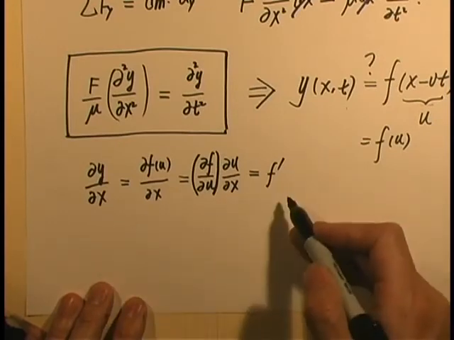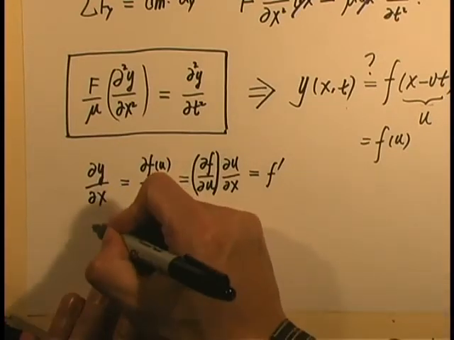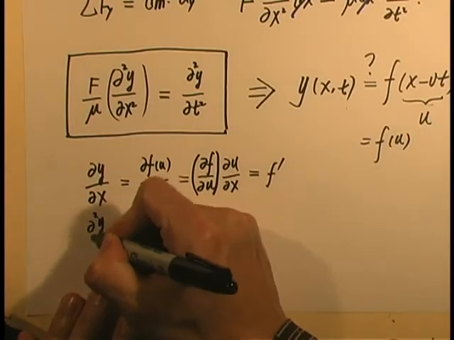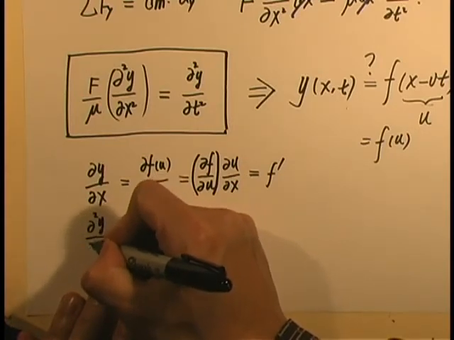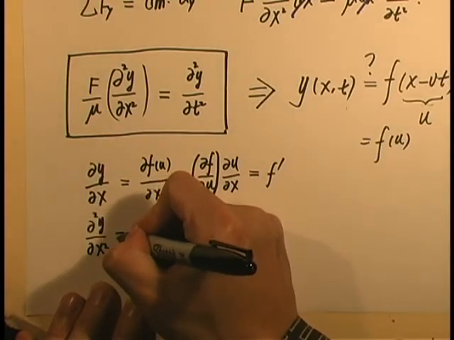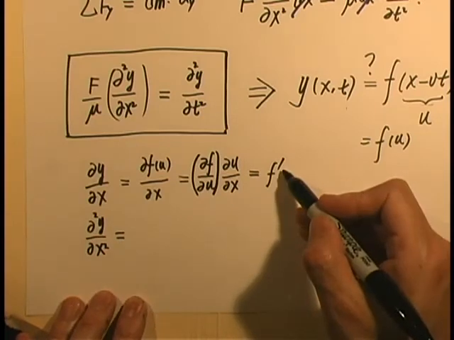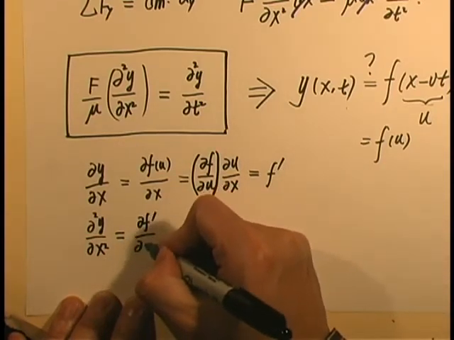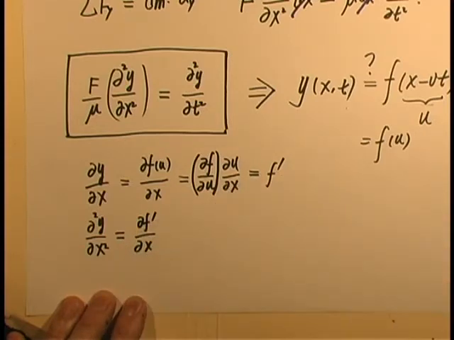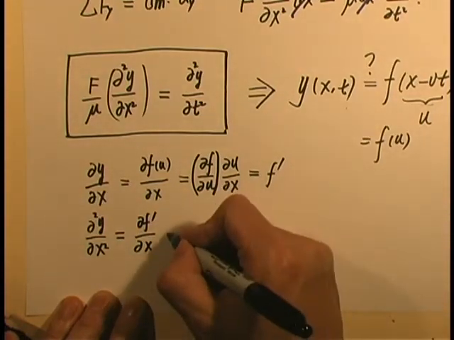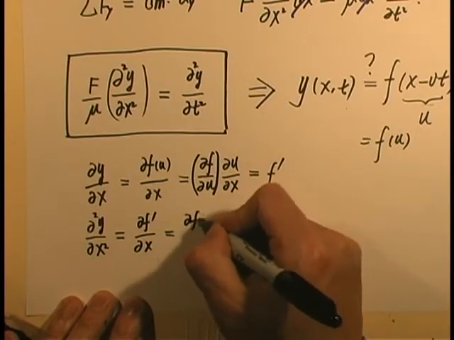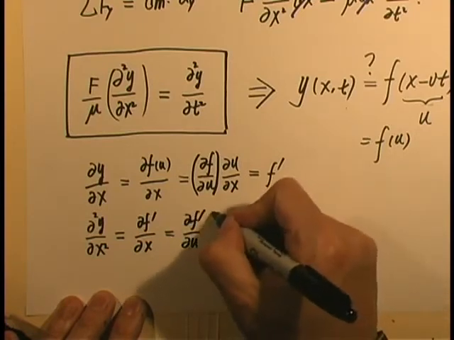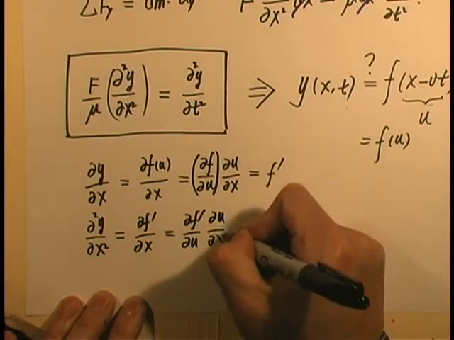Now let's do the second derivative. We do one more derivative with respect to x. What we have to do is take the first derivative and take one more derivative, right? So this is partial f prime, partial x. And again, let's apply the chain rule. This is partial f prime, partial u, times partial u, partial x.